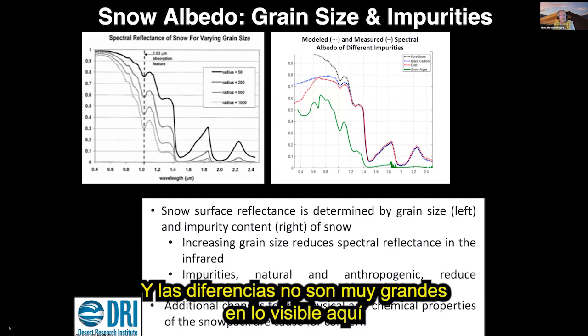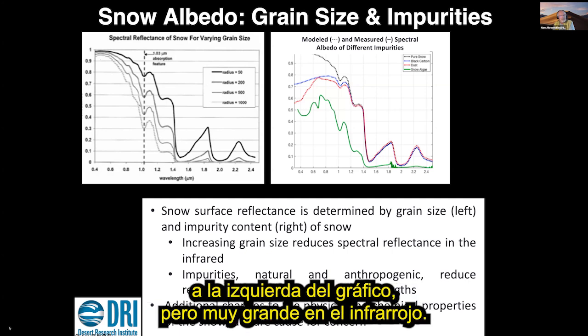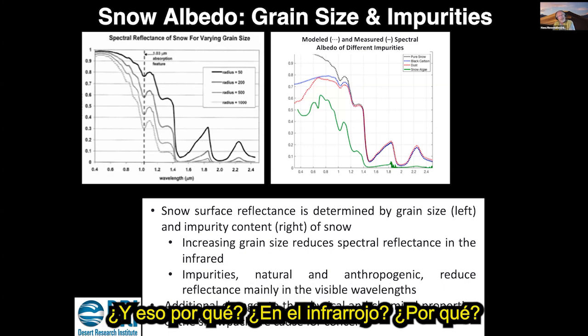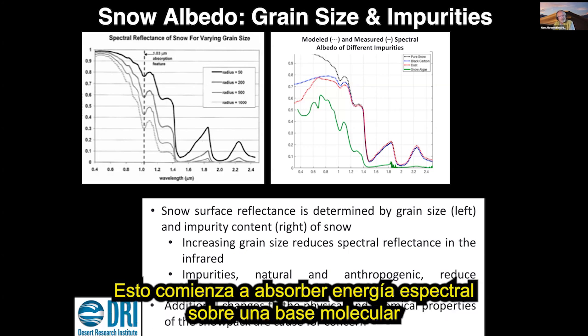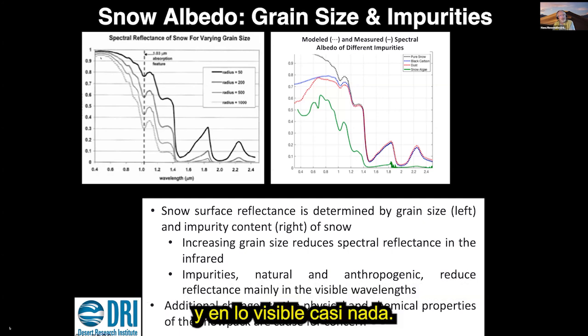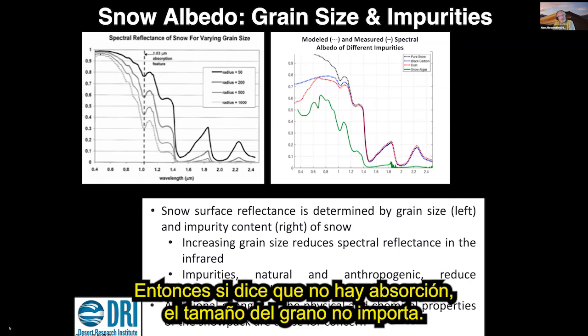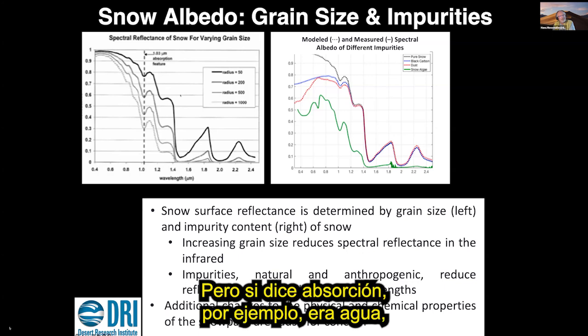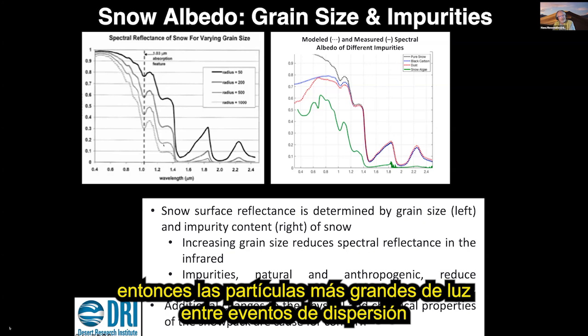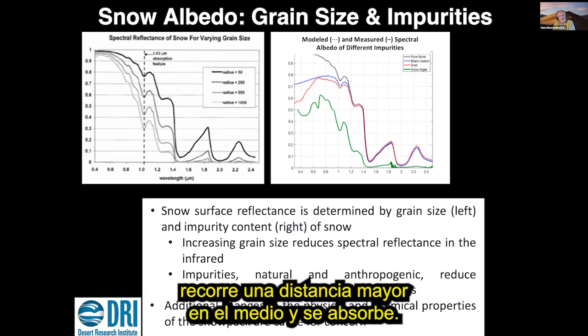And the differences are not very large in the visible here on the left side of the graph, but very large in the infrared. And why is that? In the infrared, water starts absorbing spectral energy on a molecular basis, and in the visible, hardly at all. So if there's no absorption, the grain size doesn't matter or doesn't matter much. But if there is absorption, for example, with water, then in the larger particles, the light between scattering events travels for a longer distance in the medium and gets absorbed.